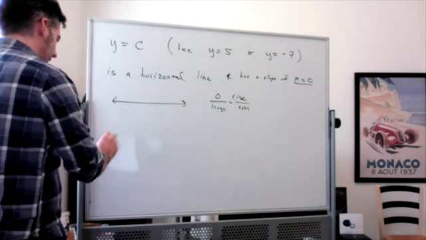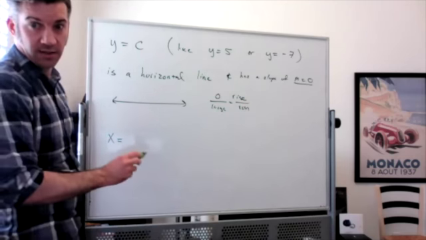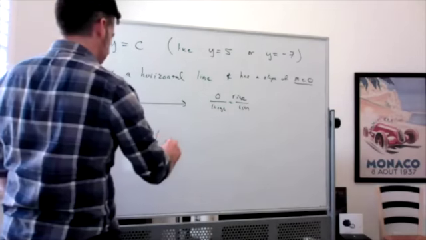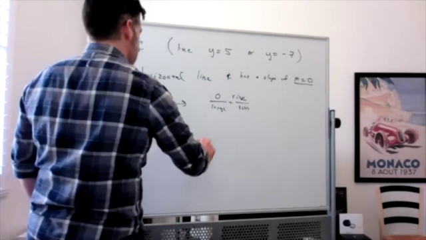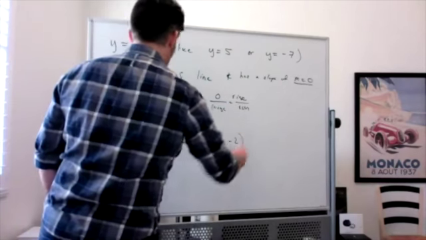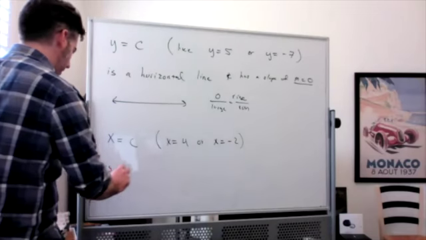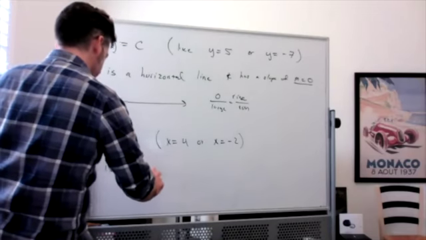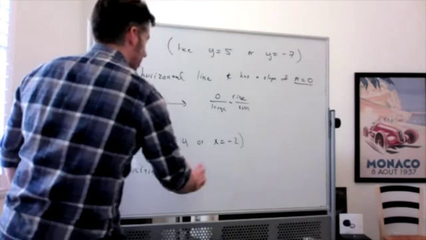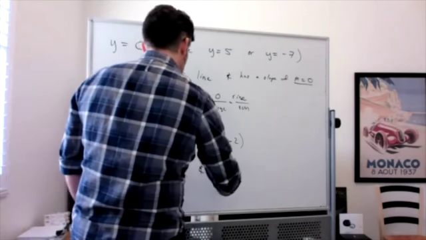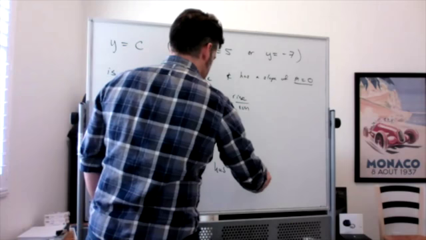Similarly, x equal to a constant, like x equal to 4 or x equal to negative 2, is a vertical line and has an undefined slope.